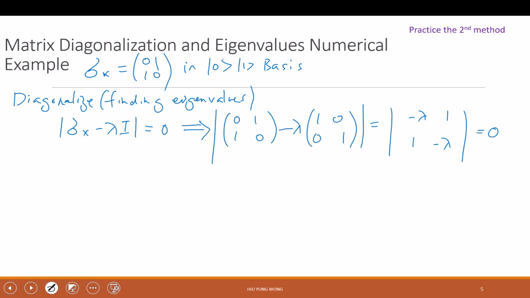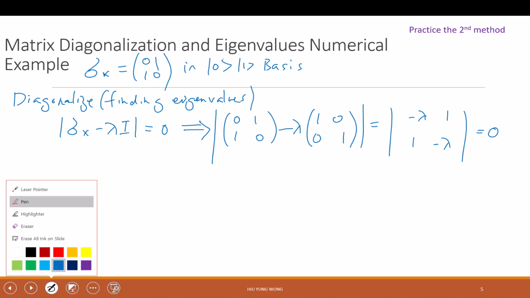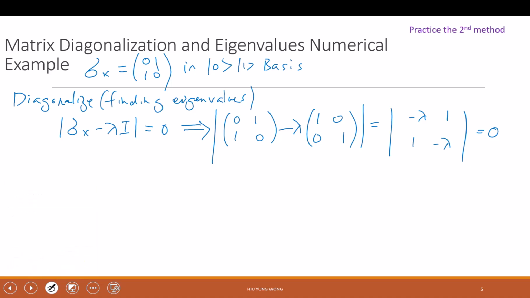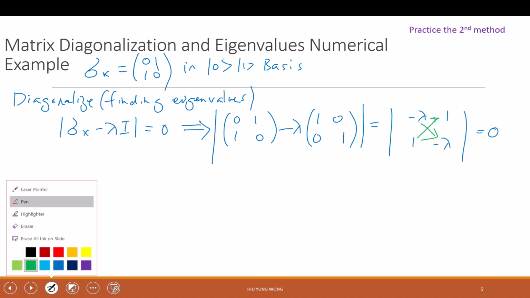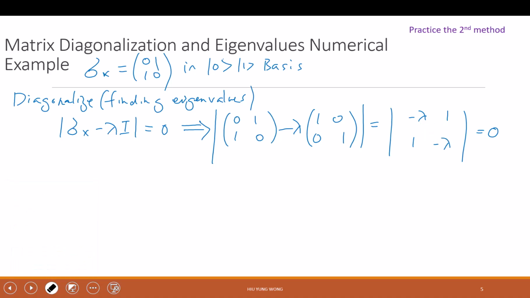Do you remember how to find the determinant? Some of you might have forgotten, right? Diagonal down, multiplication, and then minus the other way. So I would write down the step. Negative lambda times negative lambda minus 1 times 1 equals 0.